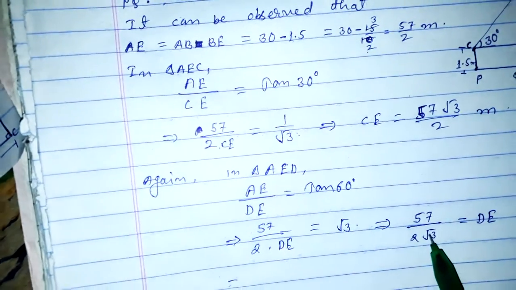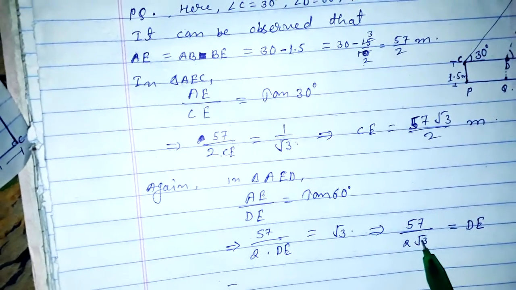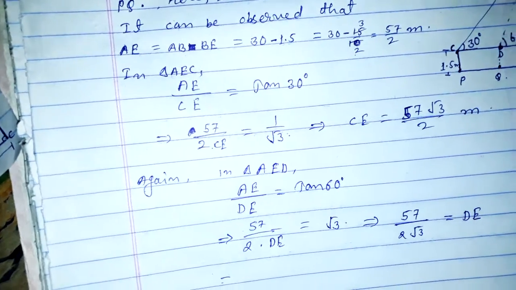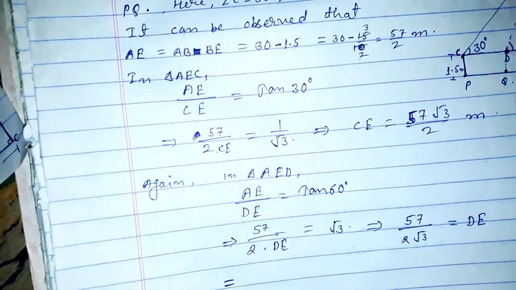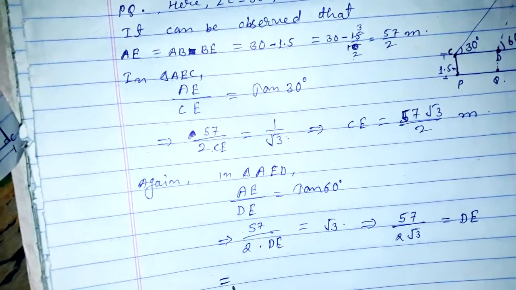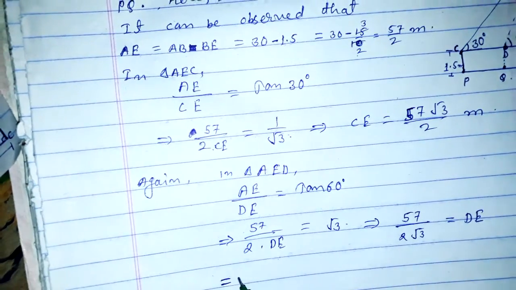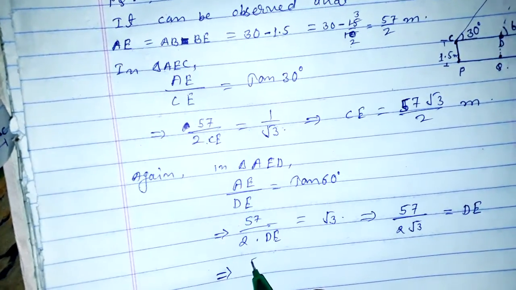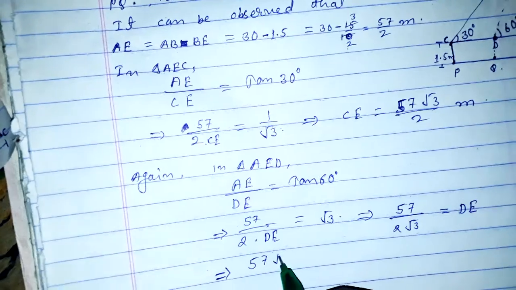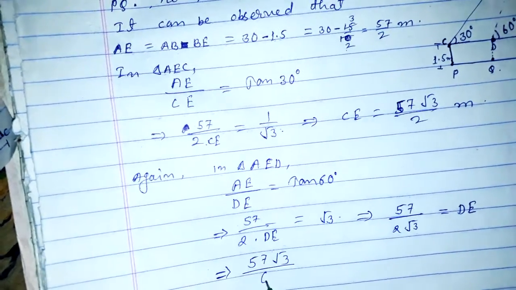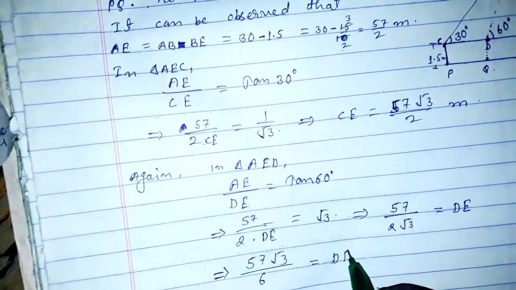Rationalize the value here. So 57 root 3 upon 6 is equal to DE.